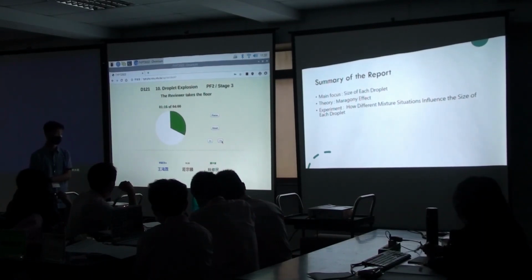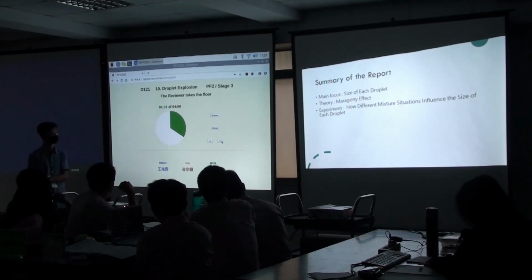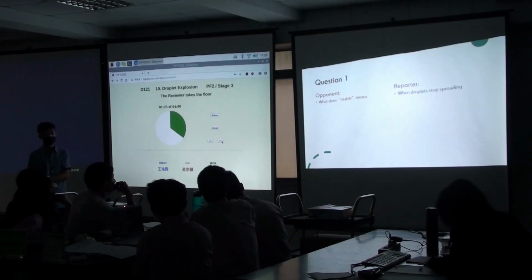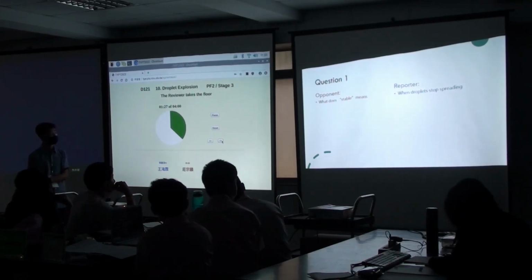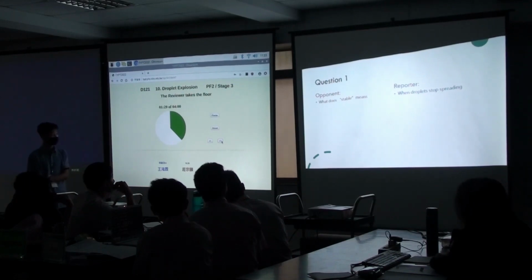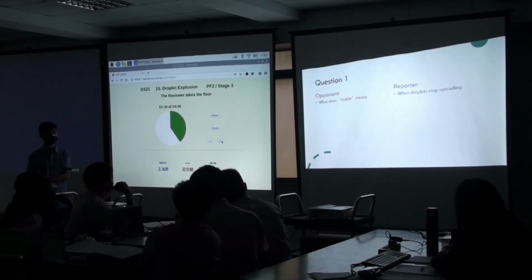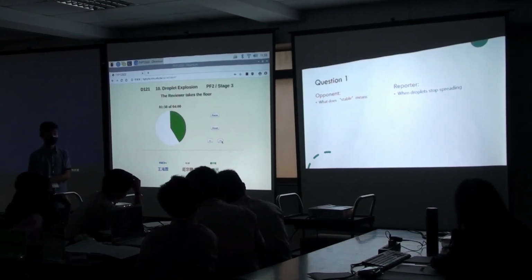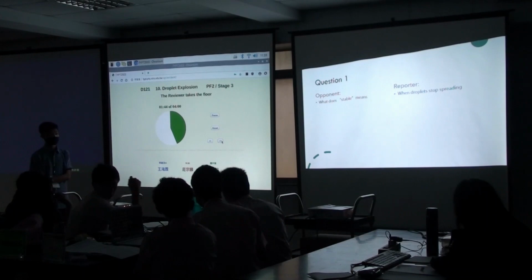How different mixture situations influence the size of each shard. And this is about a discussion between a reporter and opponent. The opponent asked what the stable state means, because the reporter didn't clearly tell them what it means. The reporter's answer is, when the droplet stops spreading, let's make this stable.